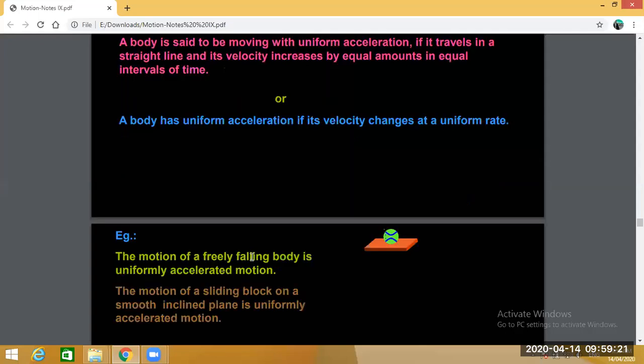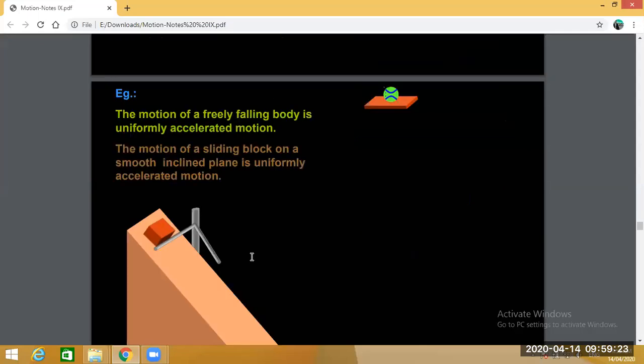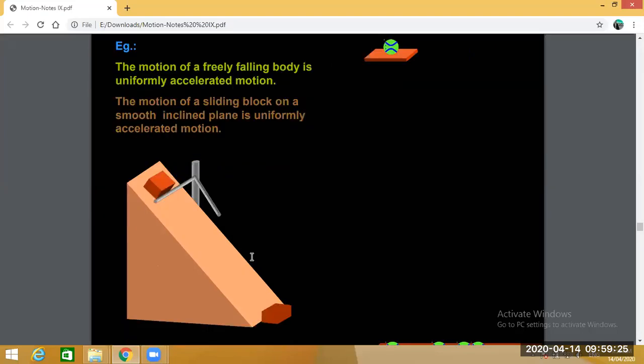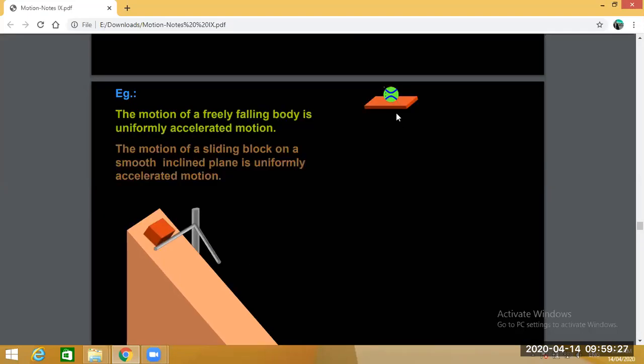Next, an example. Say this ball is situated at this platform. The motion of a freely falling body is uniformly accelerated. As the ball is dropped, the velocity of the ball will increase continuously at a constant rate.